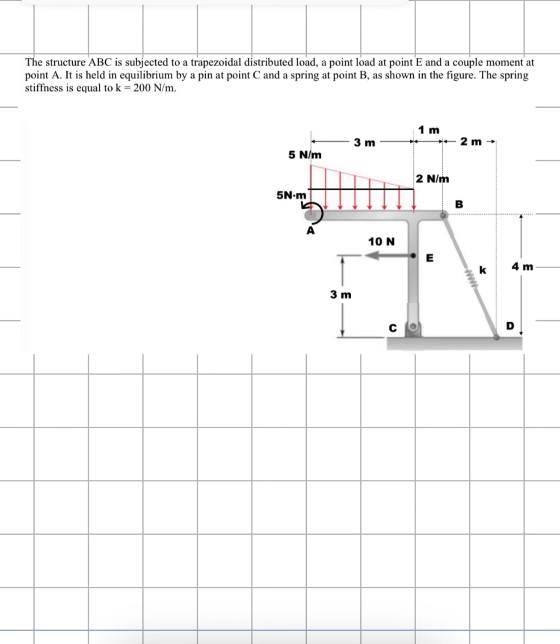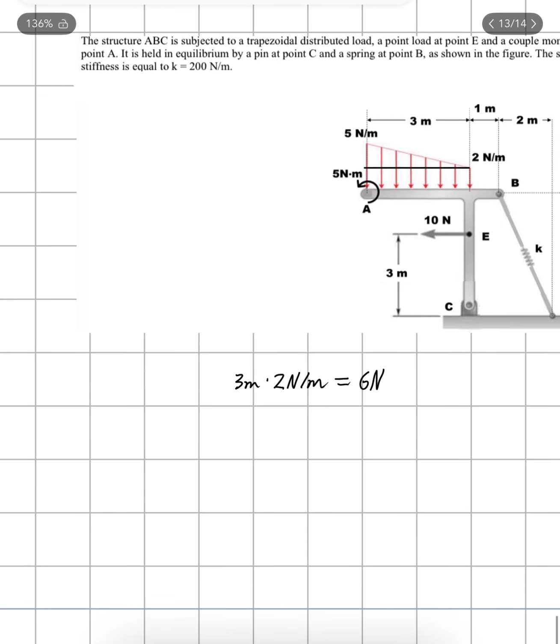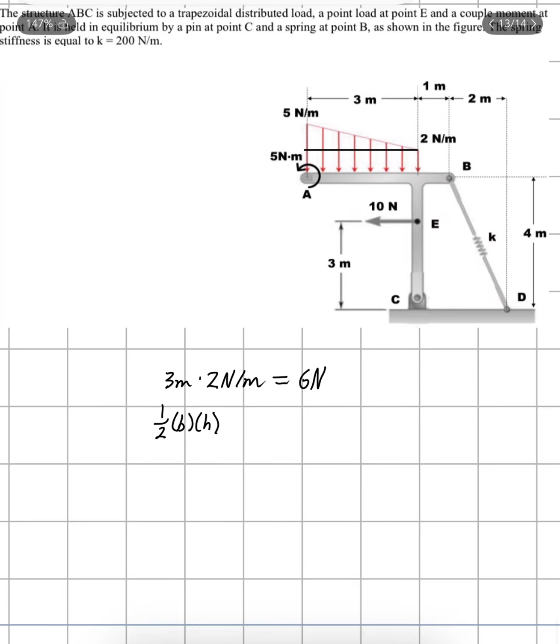So, the rectangle is simply the 3 meters times the 2 Newton meters, which equals 6 newtons of force. The triangle is 1/2 base times height to find our force.